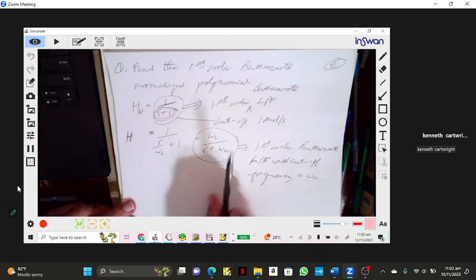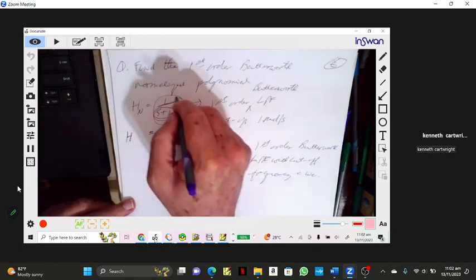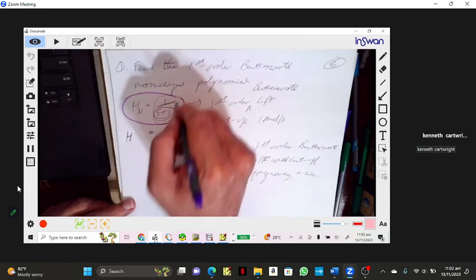What do we do with this to create a high pass filter?